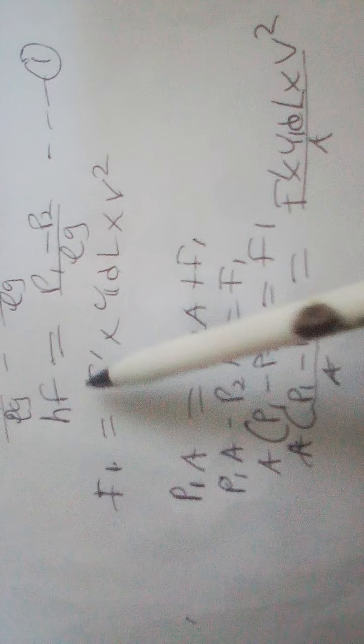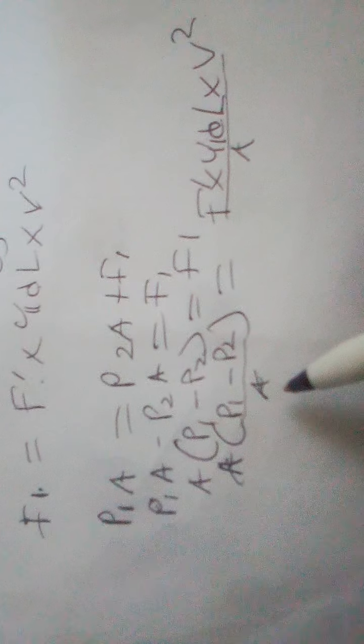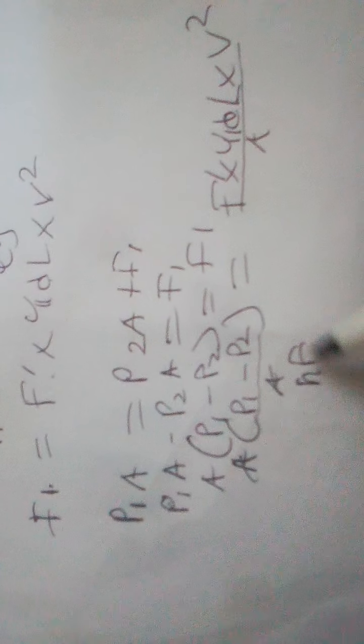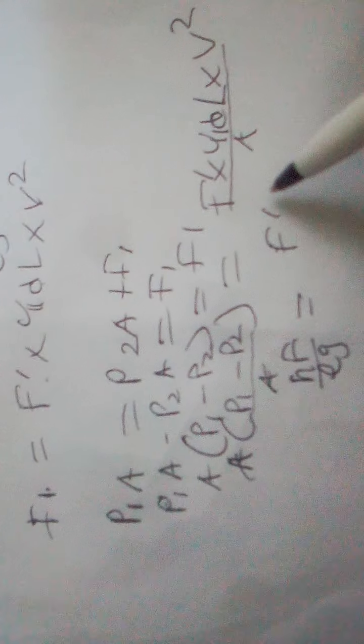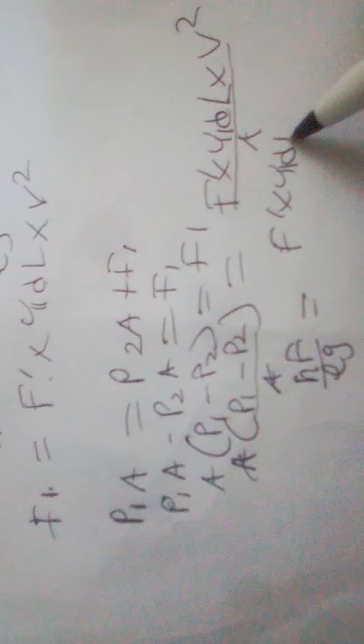After solving, you multiply both sides by rho g and you remain with this. So this one is hf over rho g. So here you say hf over rho g equals friction resistance times pi d L times velocity squared all over area.